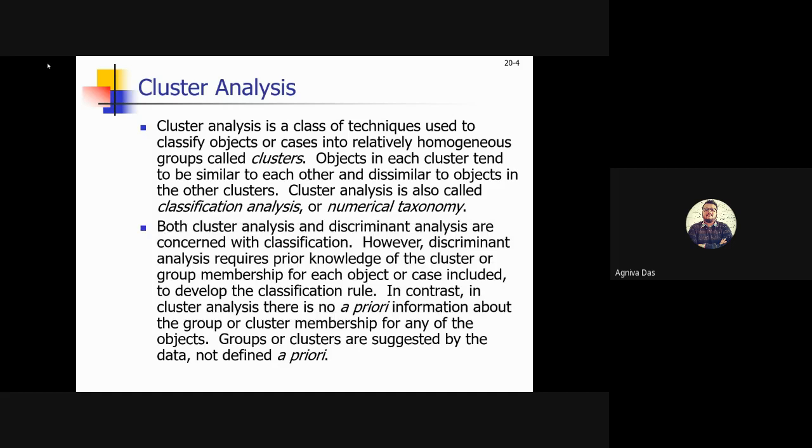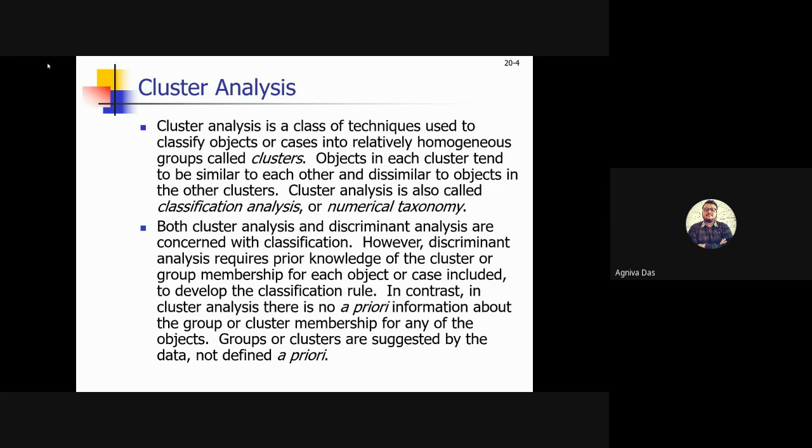And there are 2 ways. Cluster analysis is more of an unsupervised learning procedure. Why? Because there are no labeled training data on which you have to train a model. Whereas in cases like discriminant analysis, there also we are doing classification, but we already have prior knowledge or labeled data on the basis of which a model is trained. Here there is no model to be trained.